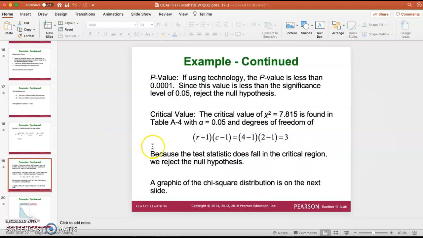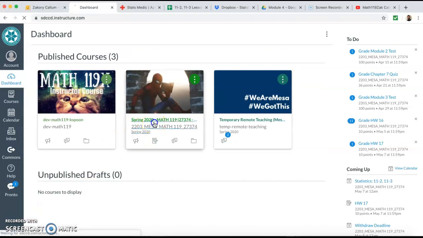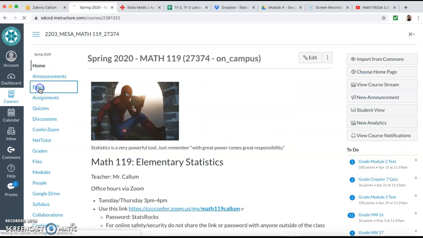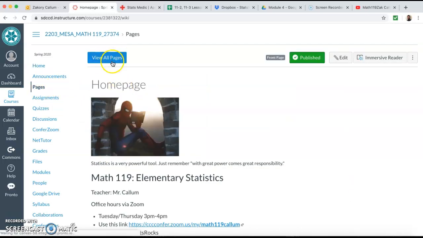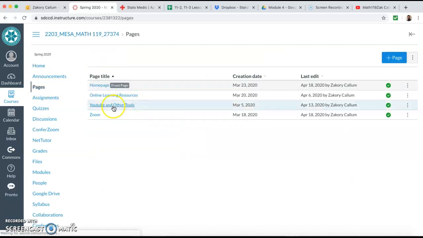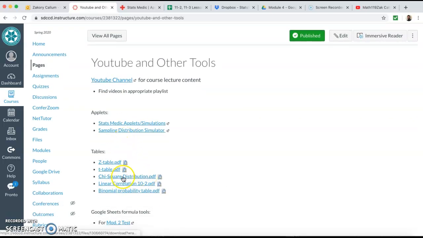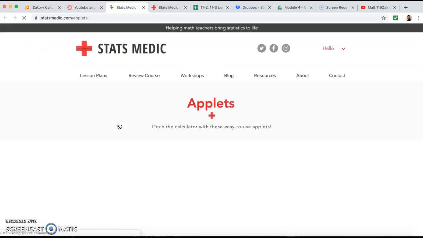All right, I'm going to show a StatsMinute applet that you can use to find that p-value and test statistic. You'll get the same conclusions. So again, it's under YouTube and other tools, and you can find the chi-square table here if you need it there. I'm just going to open up the StatsMinute applets.